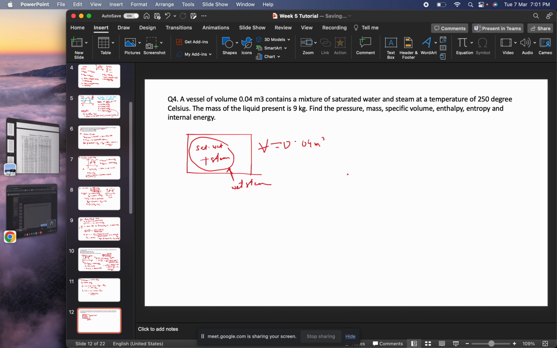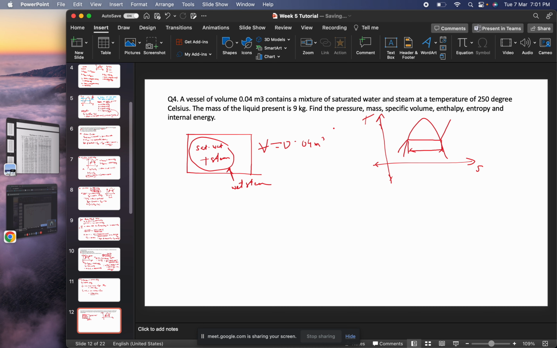Okay, so in the property diagram, what values we need to check? We need to focus in this region. But in order to focus in this region, we have to have a pressure value.